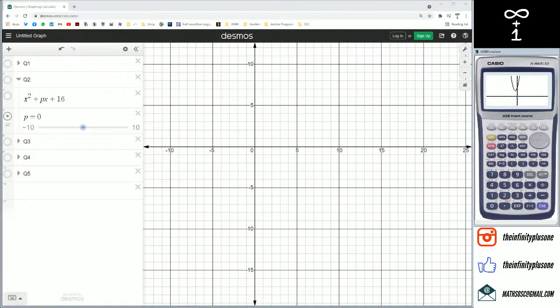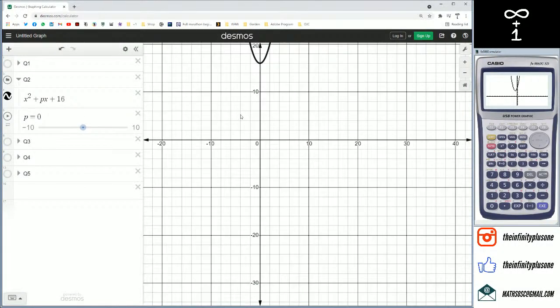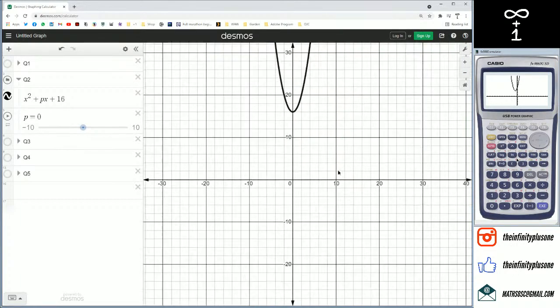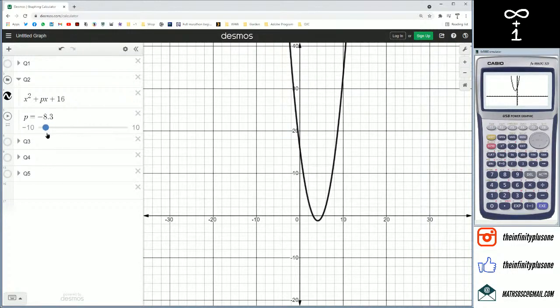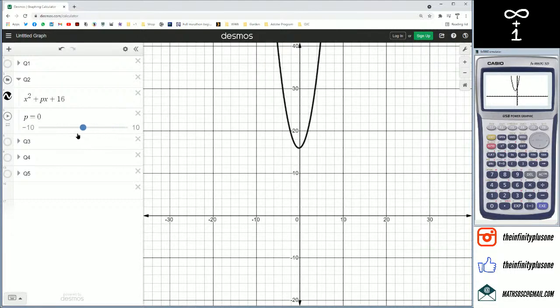Right now, if I put this as my graph, x squared plus bx plus 16, as you can see, it's right up there. But as p changes, at some point it's going to have 2 values. So let's go back to the question.